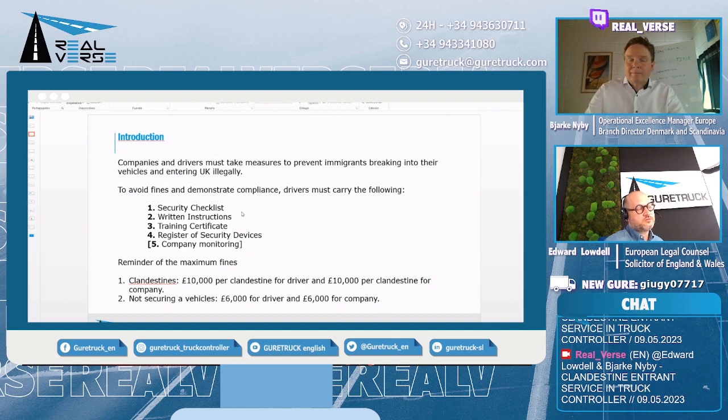The new violation that was written in the law is for not securing your vehicle. Here it's £6,000 for the driver and £6,000 for the company, and again the company has joint and several responsibility, so the total penalty here could be £12,000. So if you carry one clandestine entrant and your vehicle isn't secure, the maximum penalty here could be £32,000, which is a big change from the previous regime.